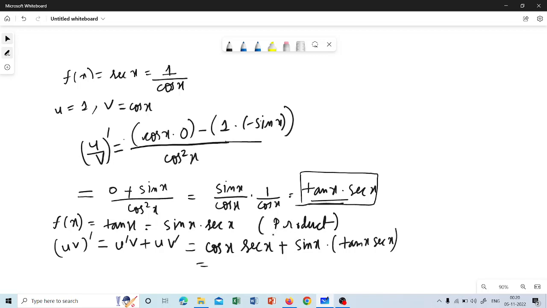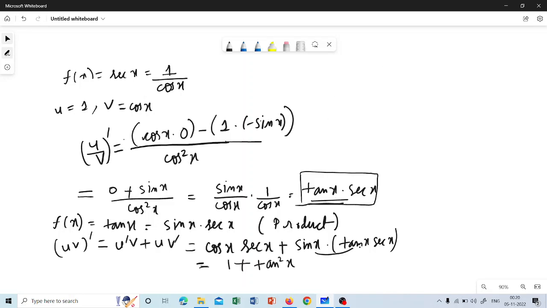So cos x into sec x is 1. This is very clear now, because 1 by cos x is nothing but secant of x, so this product will be 1, and the other term will be tan square x. Let me simplify: sin x into secant x is tan x.